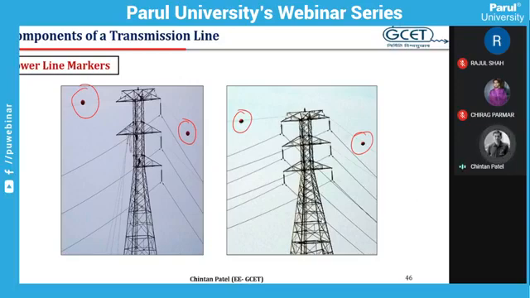Now, this type of power line markers are used in transmission lines passing through areas where there are nearby airports, or the area having low fly zones. If it is a low fly zone, like Kashmir, where Army and Air Force aeroplanes are flying frequently, then near airports or low fly zones, there must be some identification that at a certain place there is a transmission line.